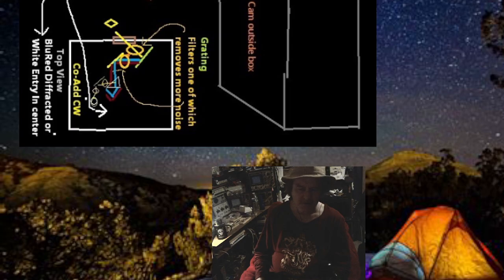Can I do that? Yes, I can do that because I can just mirror image my setup. So what we've got here is, so we got the dark side of the moon.